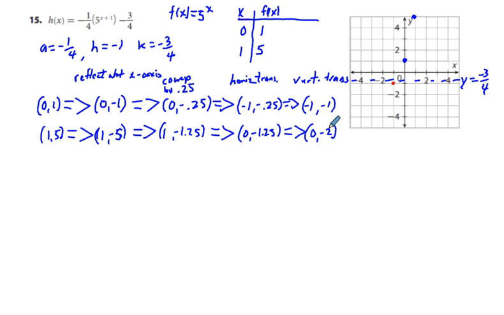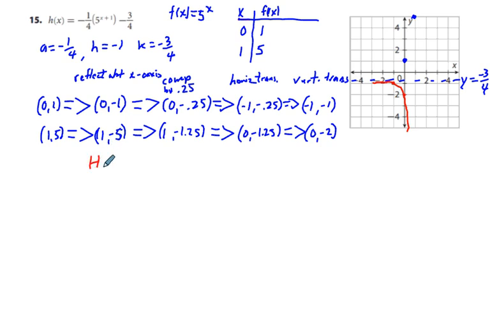And then we're going to have 0 comma negative 2. So what this is going to look like when we graph it is something like this.